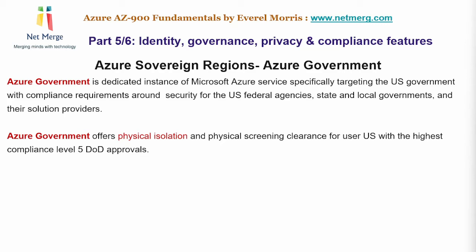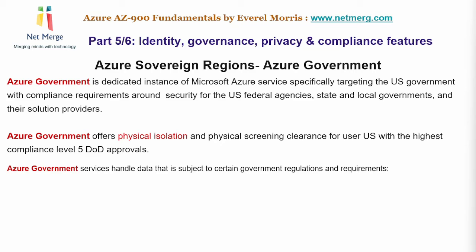The government actually does the screening and filtering of those contractors and employees. Azure wouldn't do that for them, but Azure provides an isolated, dedicated cloud service for the government that they would maintain. Azure Government Services handles data that is subject to certain government regulations and requirements.